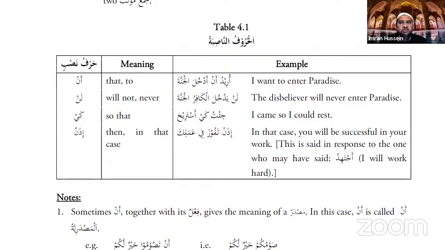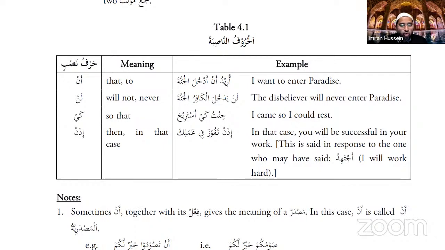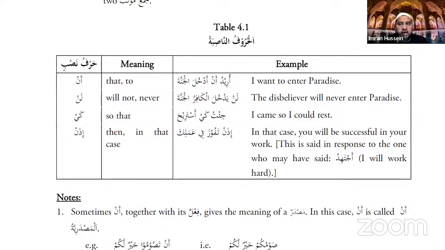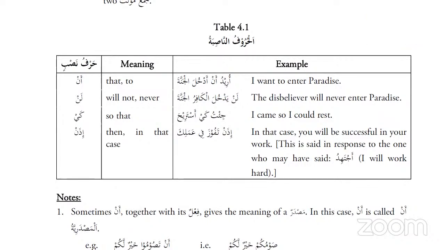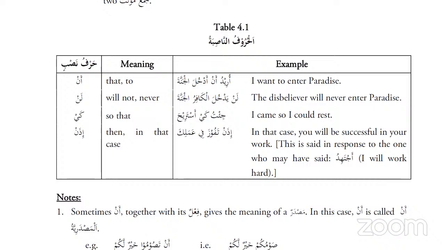Qulna, from the sixth form. Qulta is for you, one masculine. And you feminine is qulti, qultuma, qultum, qultunna.